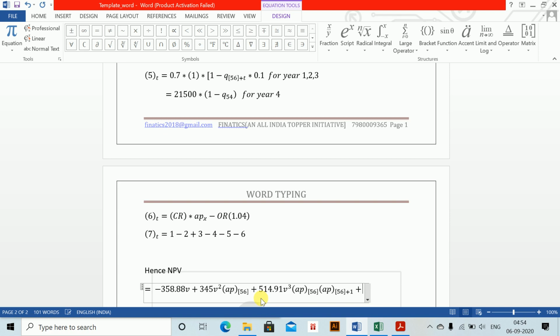So we have written here, plus 42.57 V to the power 4 on your last AP_58.